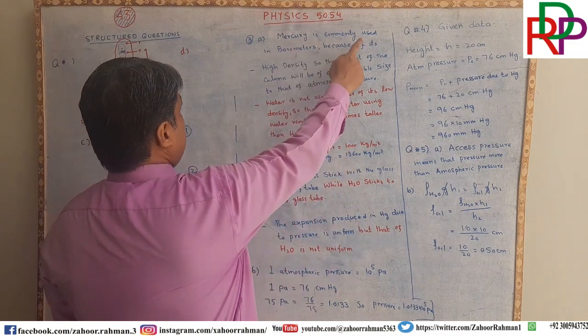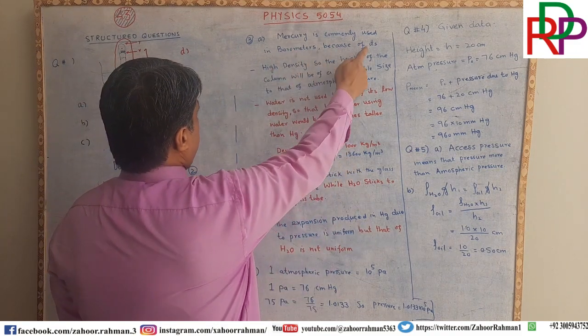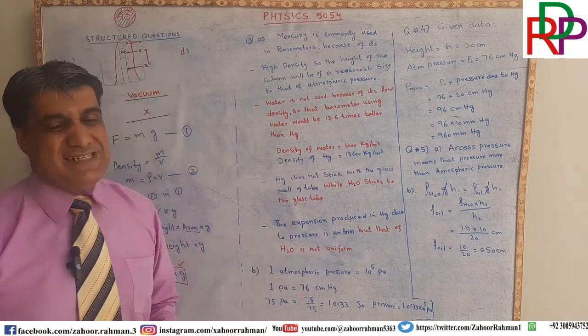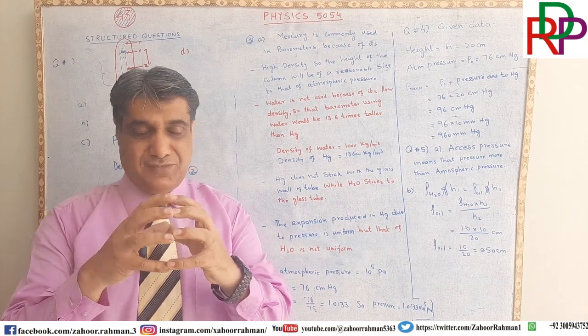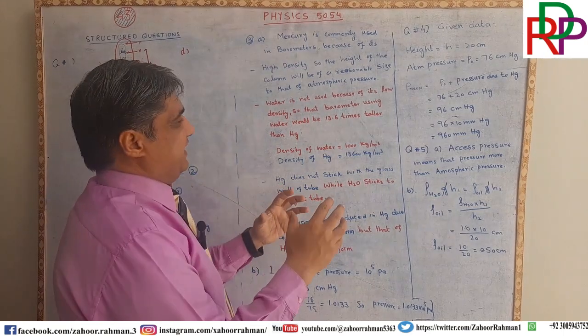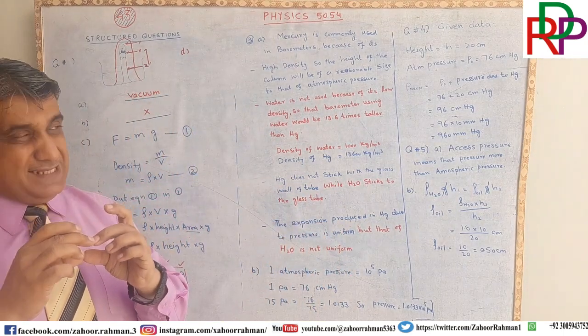Mercury is commonly used in barometers because of its high density. It is more compact. Density means that it will occupy less space.